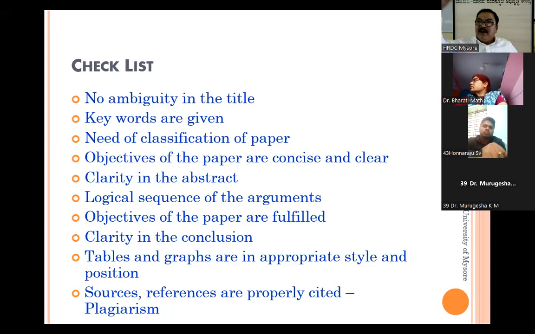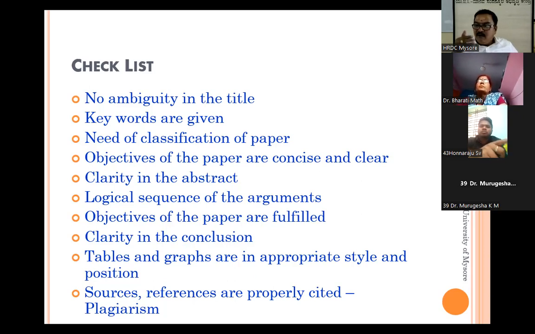Women empowerment in the garment industry. You simply write women empowerment, but you never get into the garment industry. That is not right. Okay. Like that, when you talk about socio-economic empowerment of women, you talk only about economic aspects and you are not talking about the social aspects of the empowerment. So that is incomplete. Therefore, verify whether the objectives of the paper are fulfilled or not.